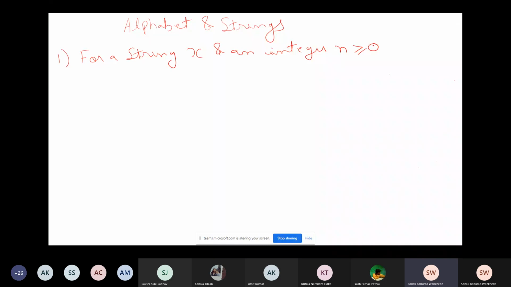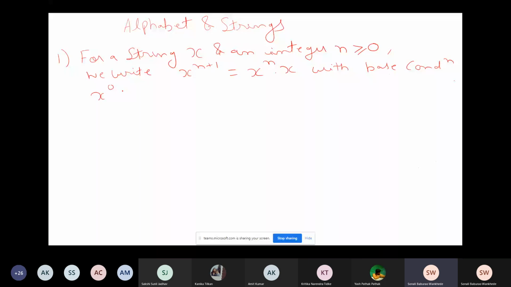We write x raised to n plus 1 is equal to x raised to n into x. And there is a base condition also, with base condition x raised to 0 is equal to epsilon.